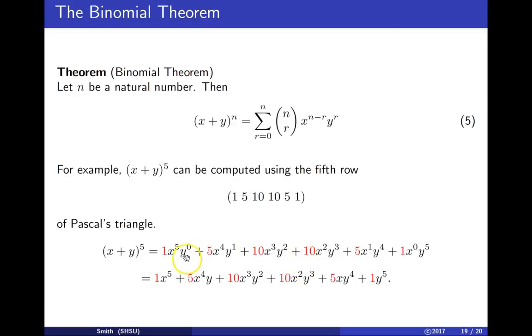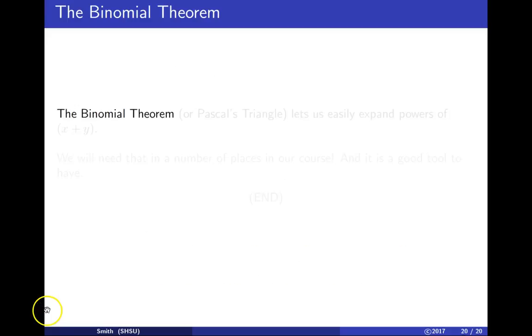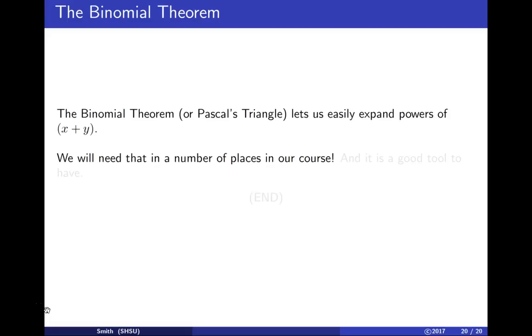Again, where did this come from? You see the red coefficients 1, 5, 10, 10, 5, 1 come out of the row of Pascal's triangle. The binomial theorem, or Pascal's triangle, lets us expand powers of x plus y, and we will need that in a number of places in our course. An immediate place is to compute the derivative of some power of x, and this is a good tool for us to have.